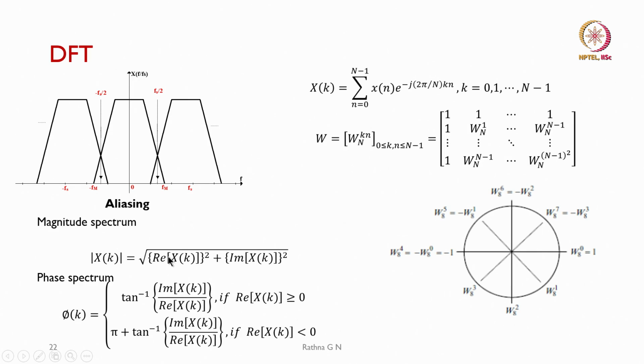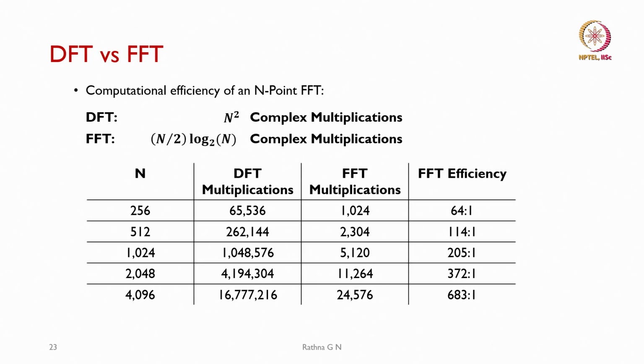Then we said the application of our DFT was to find the magnitude spectrum and how the phase is going to look. We also went on to implement the same thing on the DSK board.